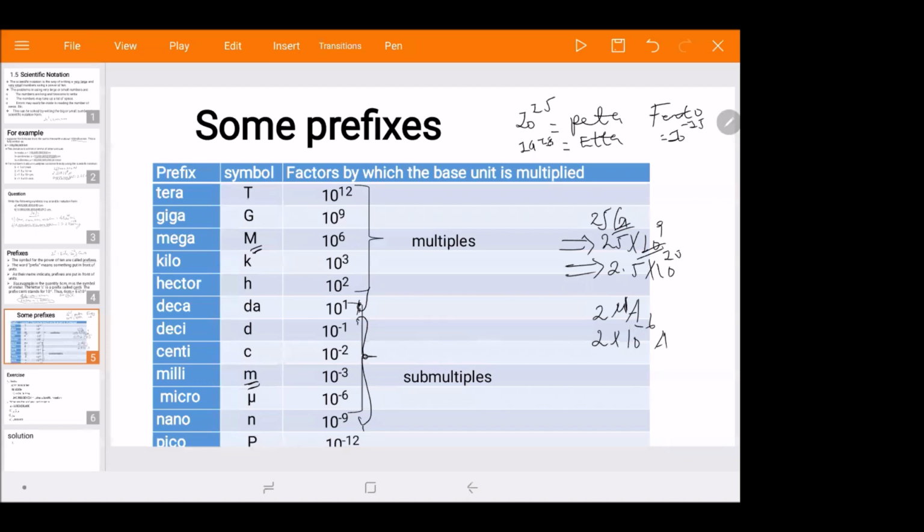Instead of micro, you can use 10 to the power of -6. This means 2 divided by 1 million, or 2 over 1 million ampere.